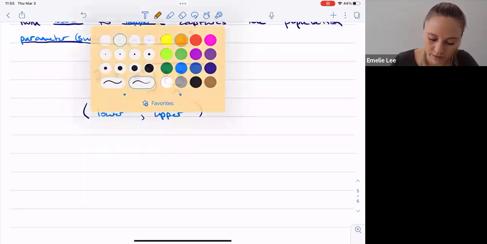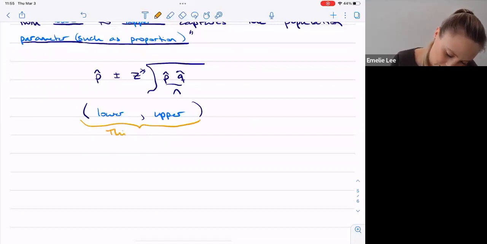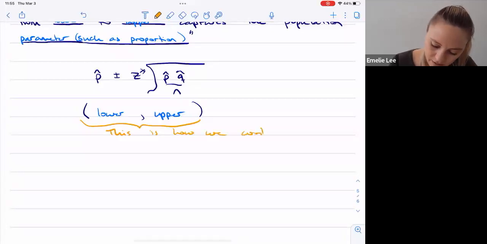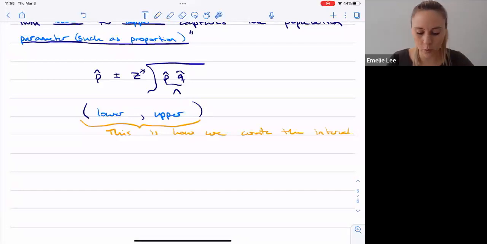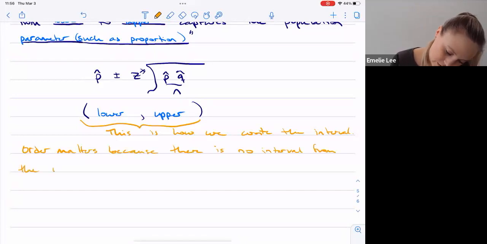Okay. So this is how we should report our confidence interval. So this is how we write the interval, right? Order matters here, right? Because there is no interval from the upper to the lower.